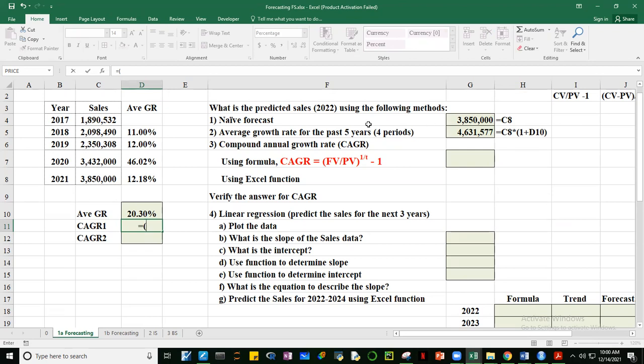Pwedeng unmute para mas mabilis, guys. Okay, correct. 3850. Yan ang future value natin, di ba? So 3850 divided by, what's our present value? Ano yung present value natin, guys?